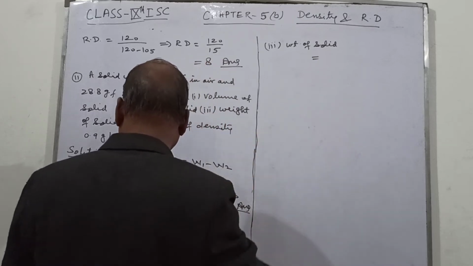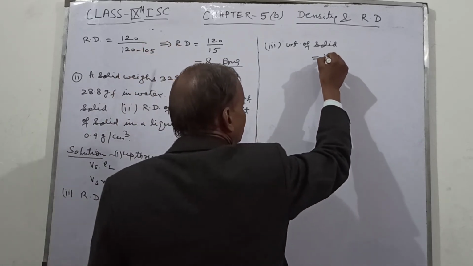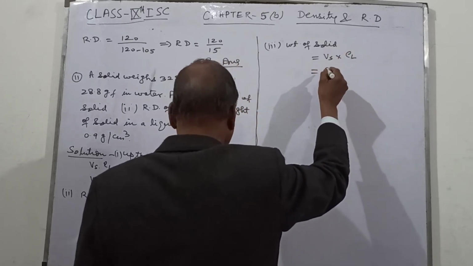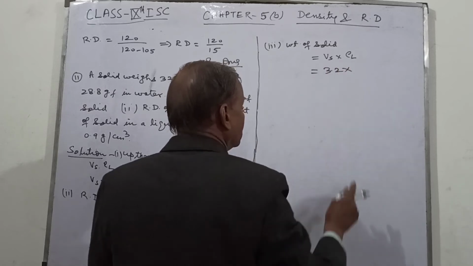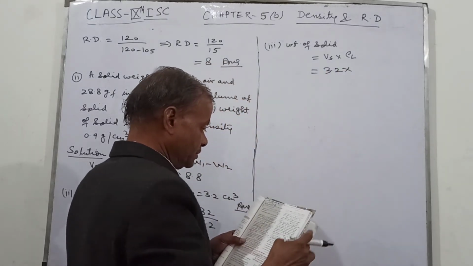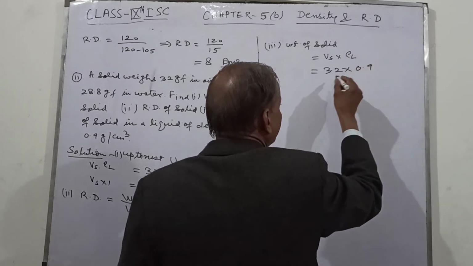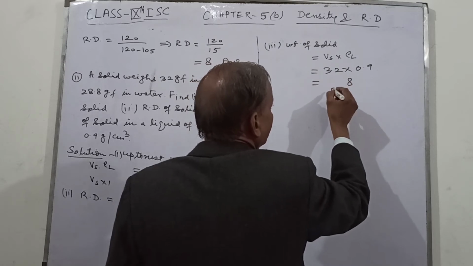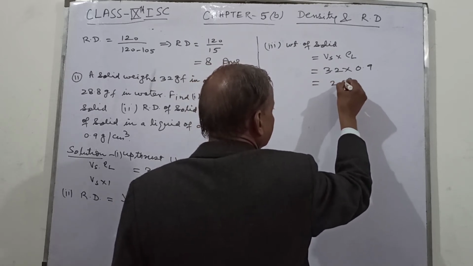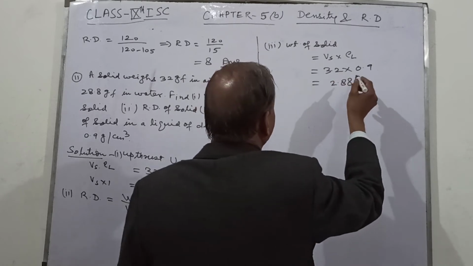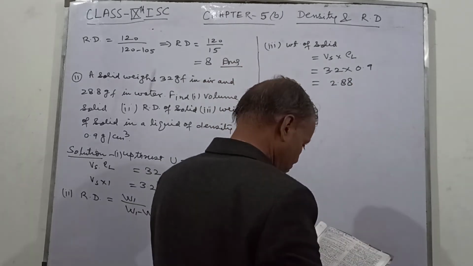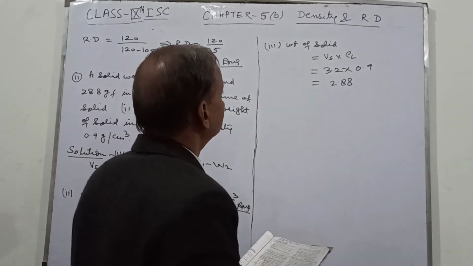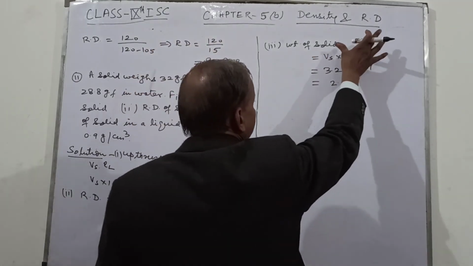Now the volume you know. This volume is equal to Vs into rho L. Vs is equal to 3.2 and rho L is given to be 0.9. So now 18, 27, and 28. This is now 2.88. So much is the weight. No, this is not upthrust. This is not upthrust.